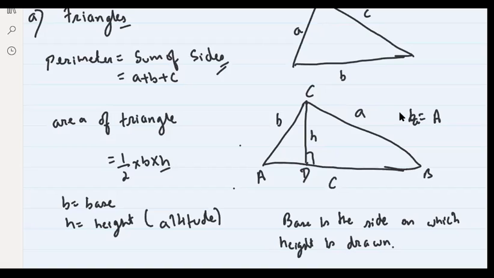Wait, I'll just write it down. I'll just remove this so that you won't have confusion. Base is AB, height is CD. Agree, everyone? Yes or no?